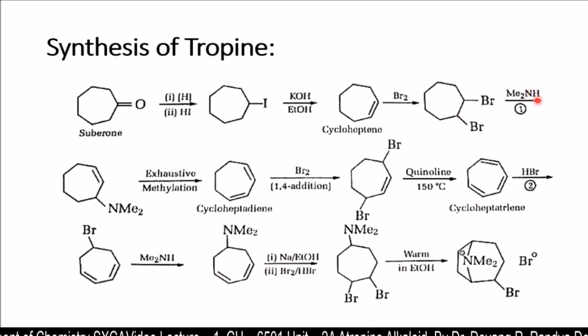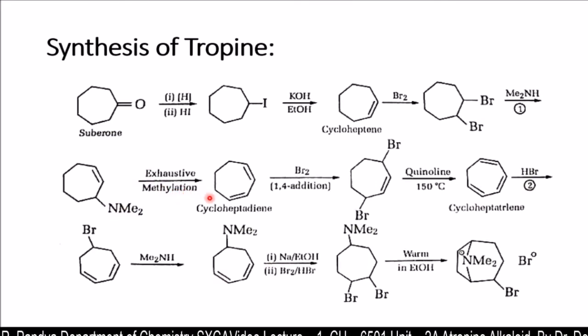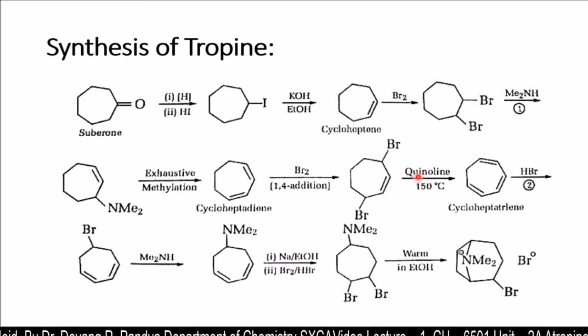The dibromo derivative treated with dimethylamine gives this N-methyl derivative. On exhaustive methylation it gives cycloheptadiene, and that diene again treated with bromine, a 1,4 addition reaction, gives the dibromo derivative. Treated with quinoline at 150 degrees centigrade it gives cycloheptatriene.